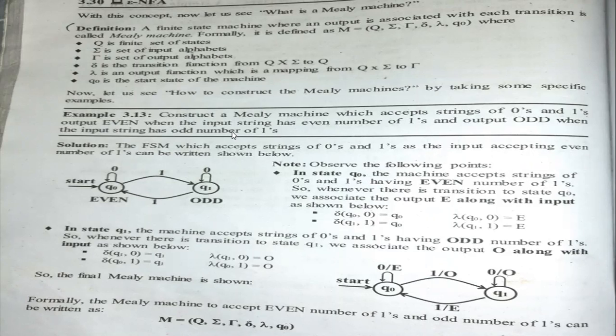We need to design something like a DFA which should accept strings of zeros and ones, and it should output even when there is an even number of ones in the input string, and odd when there is an odd number of ones.